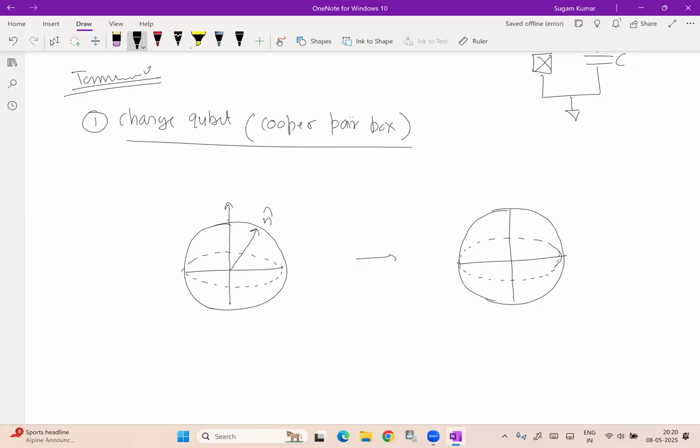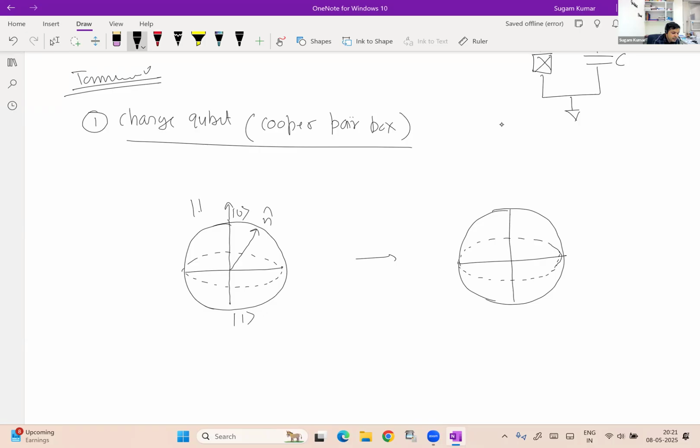I will show you that charge qubits or transmon qubits, whatever you think about, all perform similarly to a spin qubit. Of course, they are not a spin, but we can represent them on this Bloch sphere, where we call this the 0 state and this the 1 state.